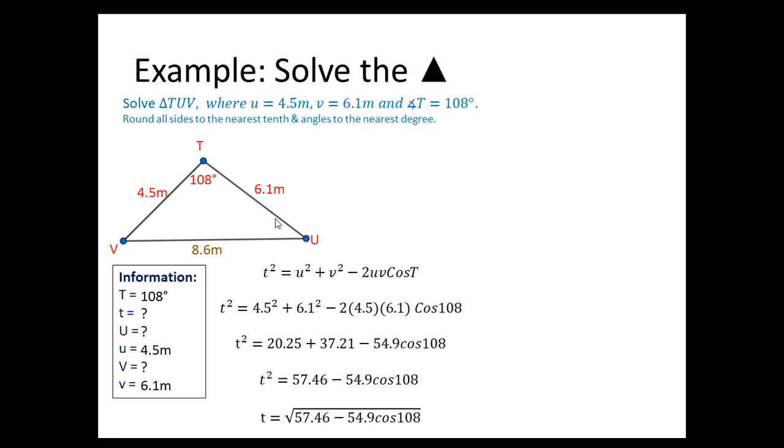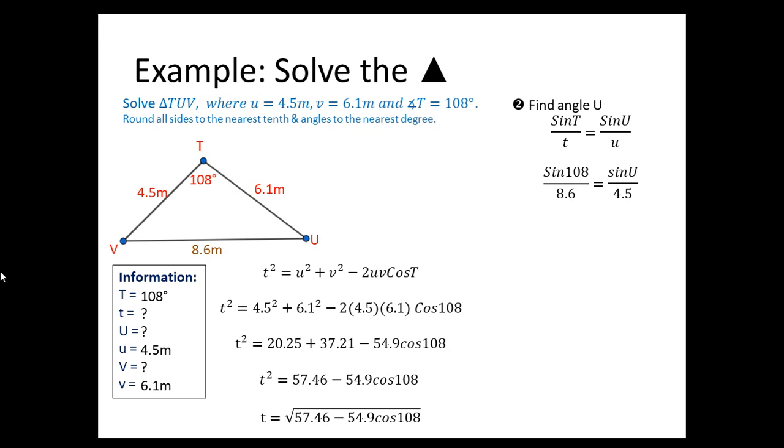I'm going to look for angle U using our sine law. So sine t over t is equal to sine u over u. Let's substitute our values in. So sine 108 divided by 8.6 is equal to sine u over 4.5.